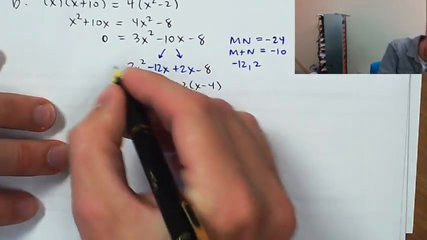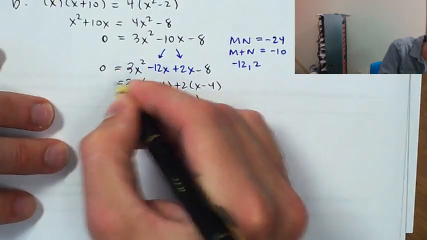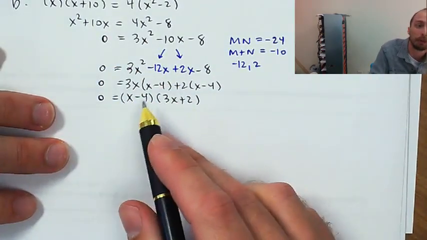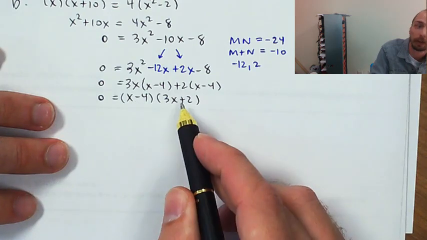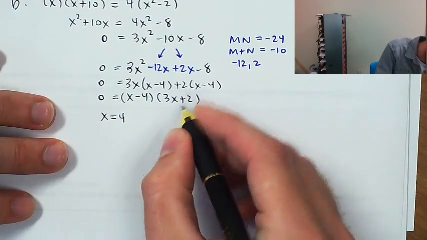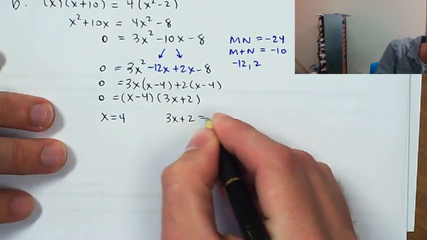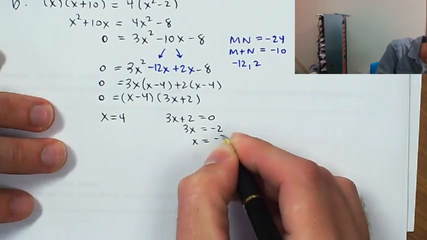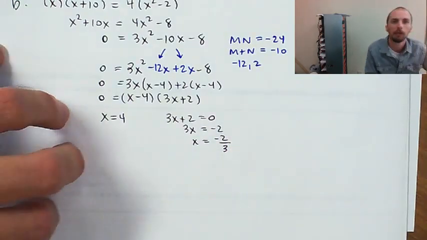And then I'm going to say, all right, this is still equaling 0. Okay, so these things would multiply together and equal 0 anytime where this equaled 0 or that equaled 0. Okay, this thing will equal 0 and x is equal to 4. If you're unsure about this, just solve it out. 3x plus 2 equals 0. Subtract 2 from both sides. Divide by 3. Okay, and we've got our answers.